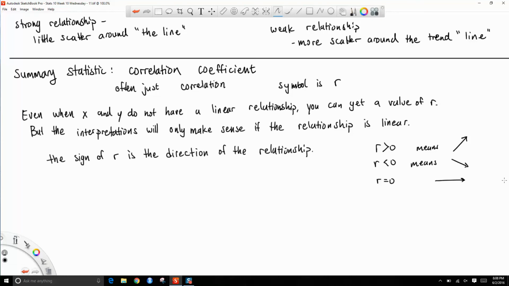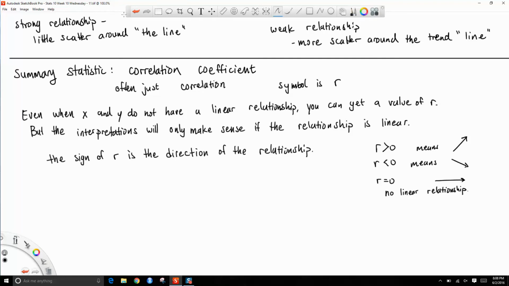Does it mean there's no relationship? Yeah, R equals 0 means no linear relationship, I should say. Neither positive nor negative. It's flat, but it doesn't count as a relationship. There's just no relationship there.